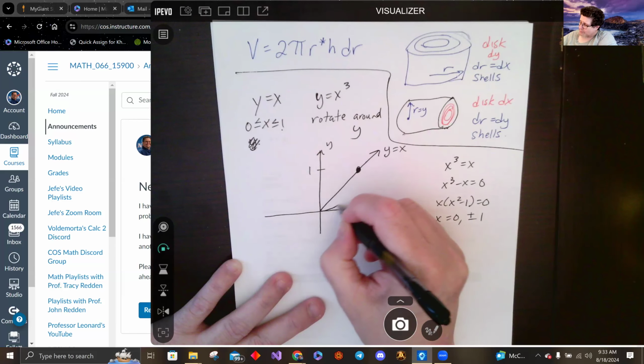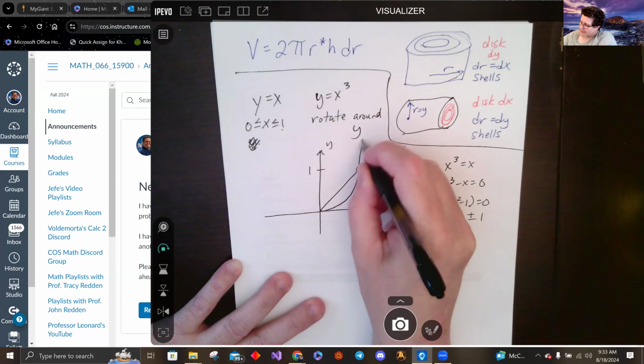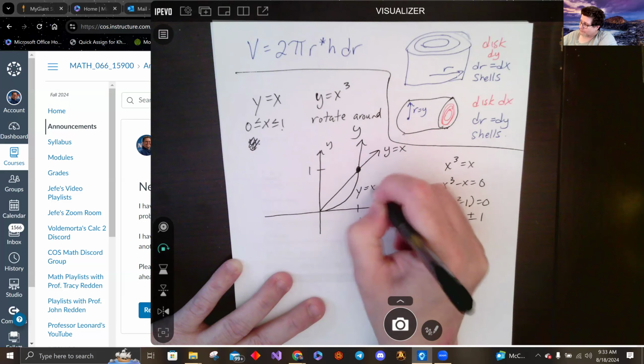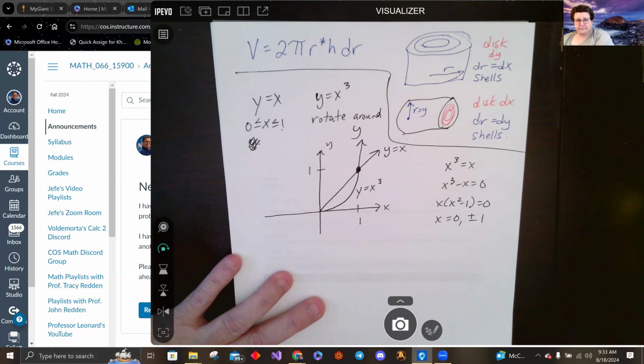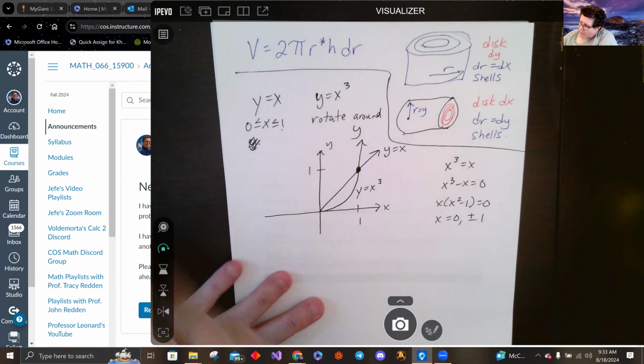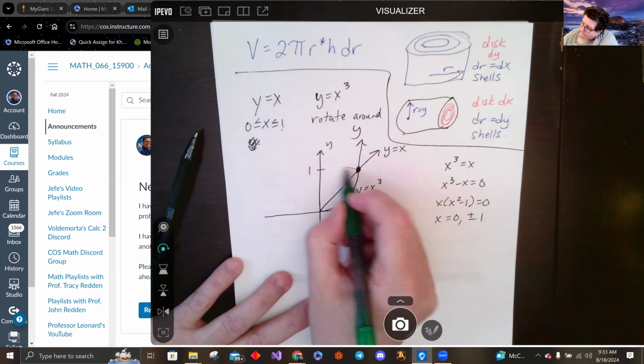x cubed is actually below it. So that's the y equals x cubed line. And then we rotate this around the y-axis.